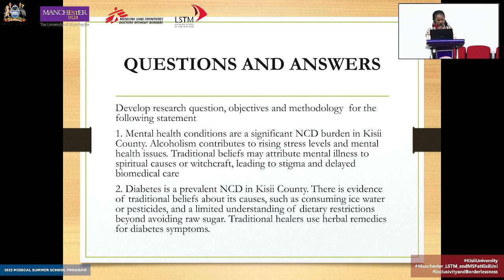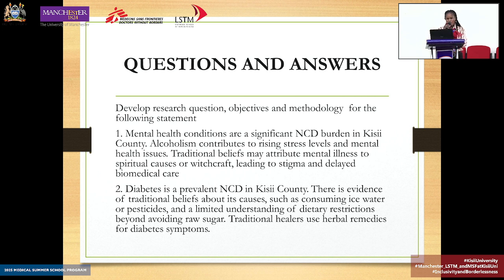So you have this statement: mental health conditions are a significant NCD burden in Kisii County. Alcoholism contributes to rising stress levels and mental health issues. Traditional beliefs may attribute mental illness to spiritual causes or witchcraft, leading to stigma and delayed biomedical care.